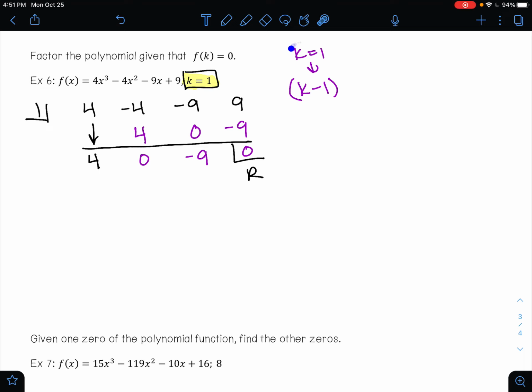Because the only way I can get a positive 1 here is if I have a -1 inside, because I would need to add it to get a positive 1 here. Down here, I started with x cubed, so this is going to be x squared, x to the first, and x to the 0th power. So my factors are going to be 4k squared. Sorry, these should all be k's. Let me fix that.